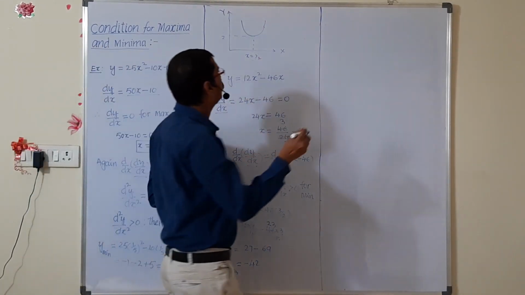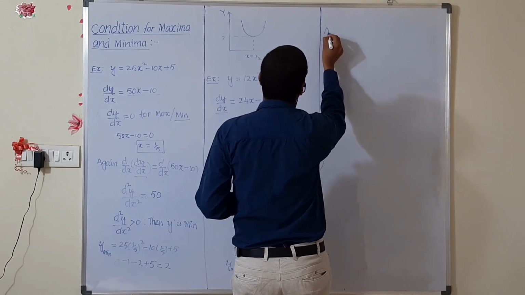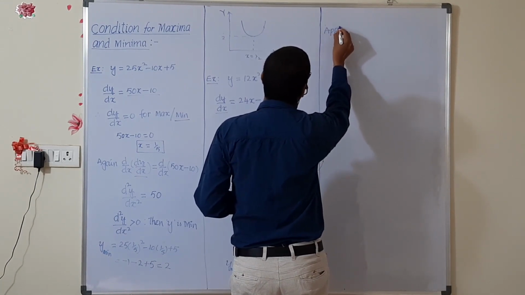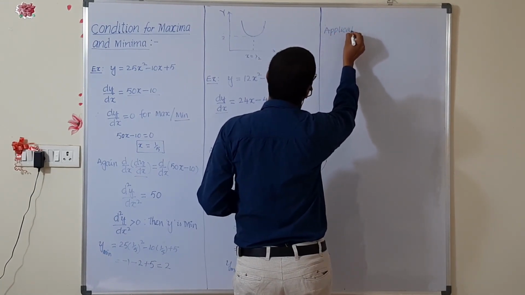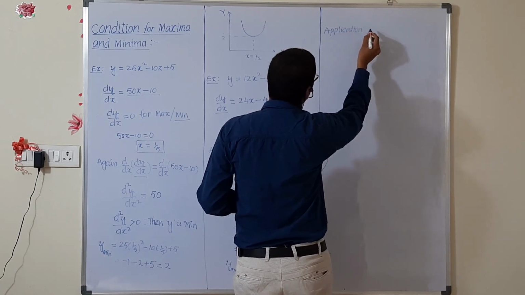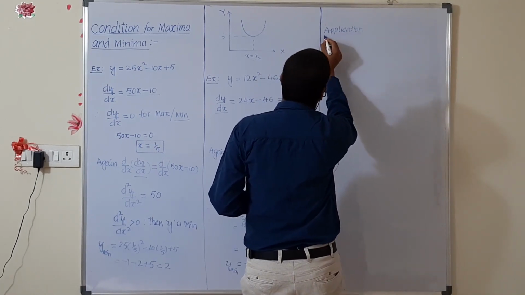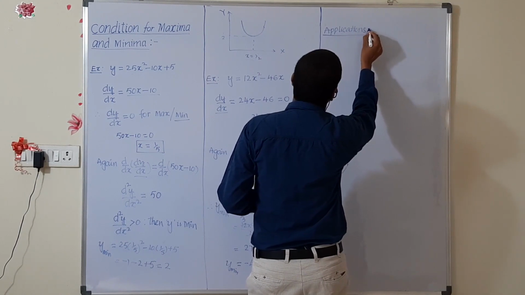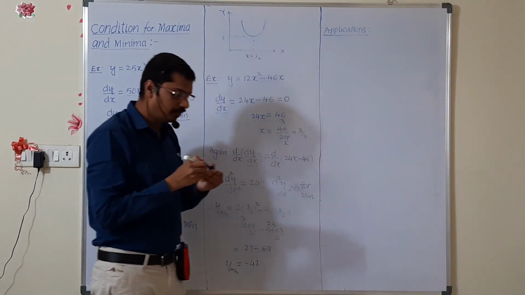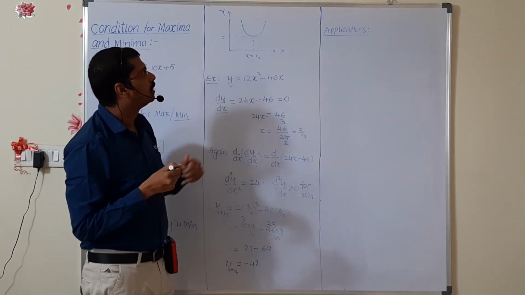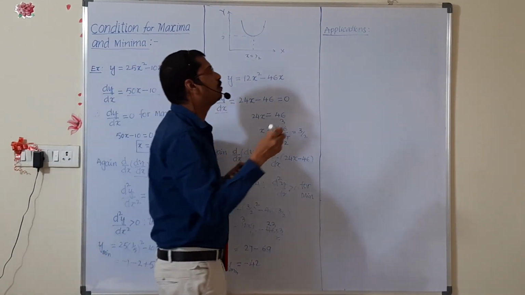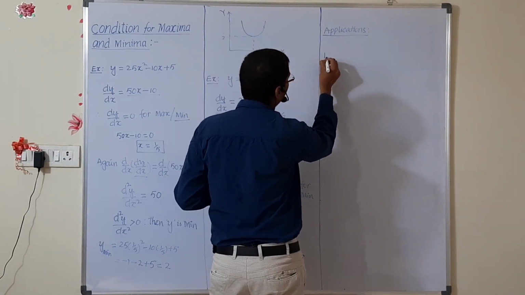Now, applications of differentiation. Where can we apply it? Simple thing, we can observe from the beginning onwards, the first one is velocity.